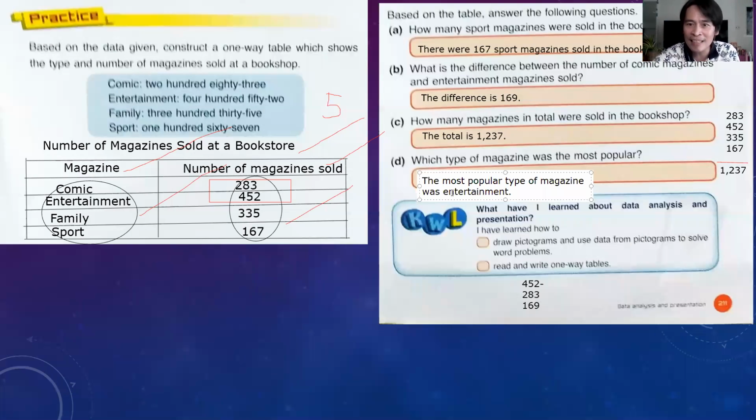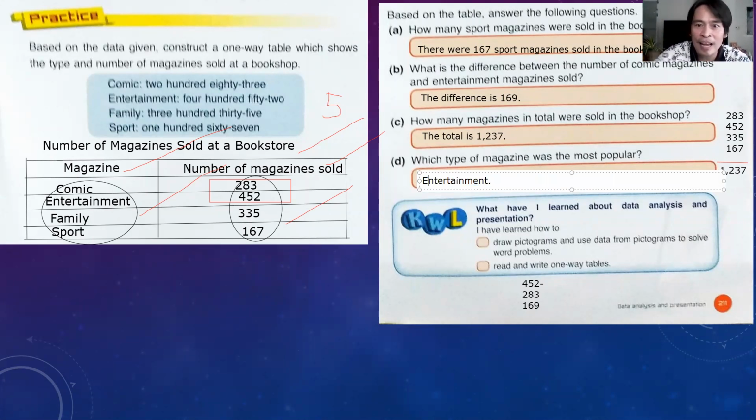If you don't like this sentence construction, you can change it like this: Entertainment was the most popular. That's okay.